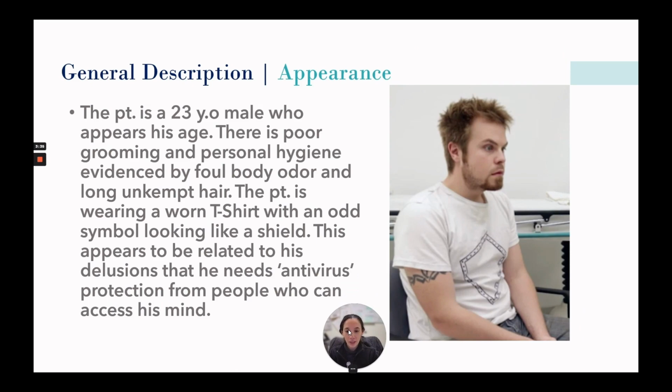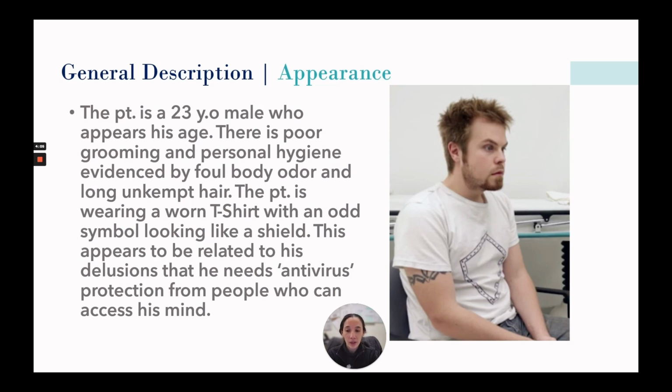All right, so here is just an example. If we look at this patient on the right side, this is not a real patient. Before you read this description, think about some ways that you would describe him. Now if we look at the description, the patient is a 23-year-old male who appears his age. There's poor grooming and personal hygiene evidenced by foul body odor and long unkept hair.